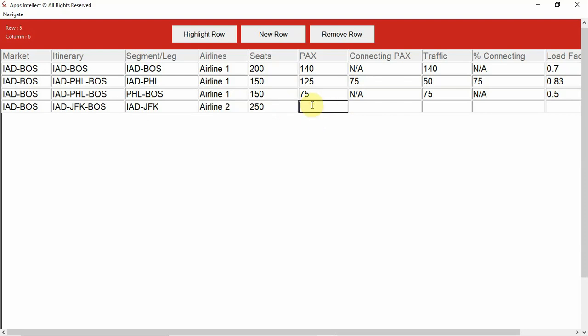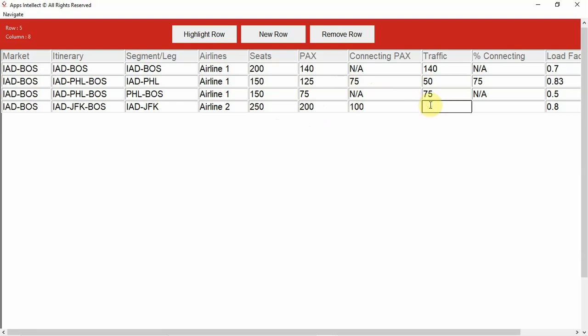At the same time, the number of passengers boarding is 200. Connecting passengers become 100, because from JFK we will go to Boston.